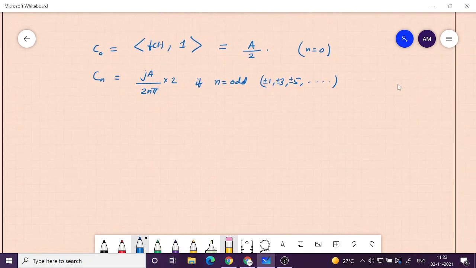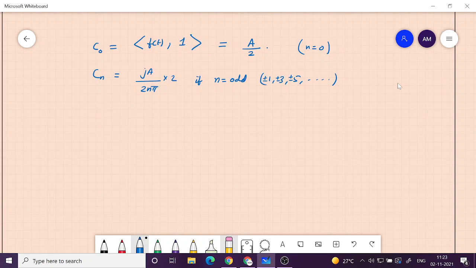Okay, so now let us expand using this coefficient. So therefore f of t, as before, let us leave some of the terms and start from n equal to minus 3.